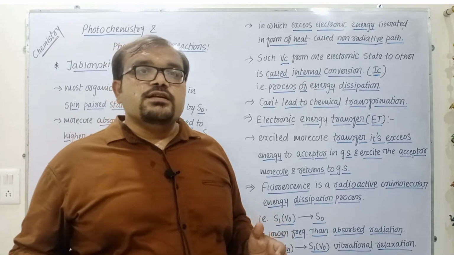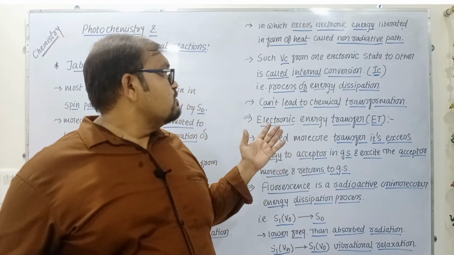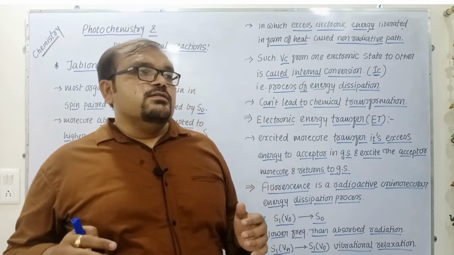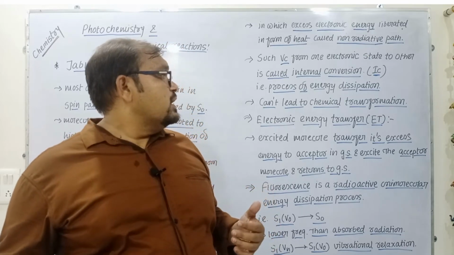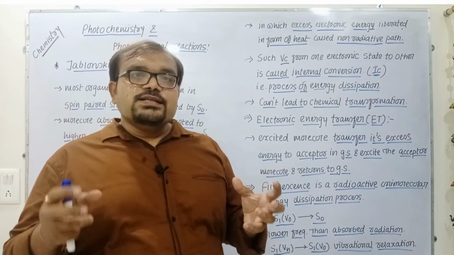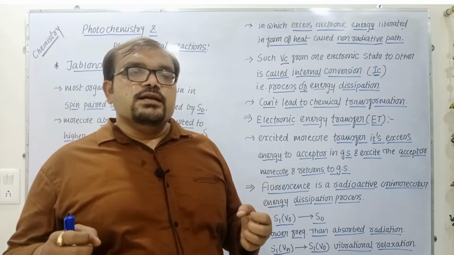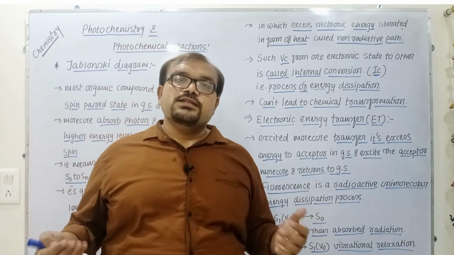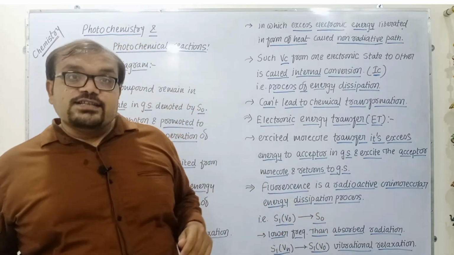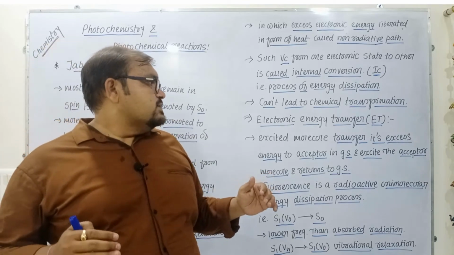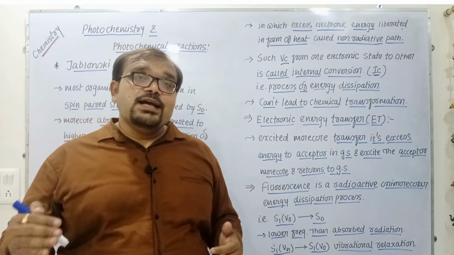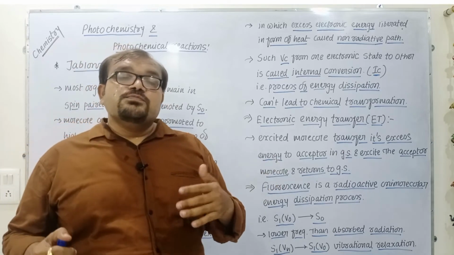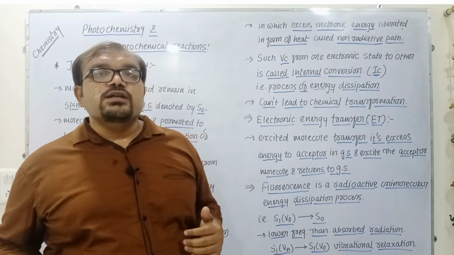Next important term, that is electronic energy transfer. So we discussed, friends, what electronic energy transfer is. When an excited molecule is in the excited state, it will transfer its excess of energy to the acceptor molecule. Then this excited acceptor molecule will transfer such energy and return to the ground state.